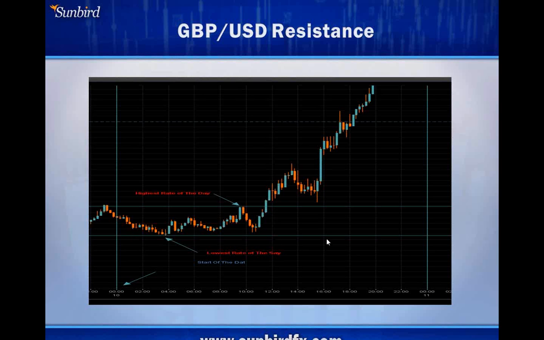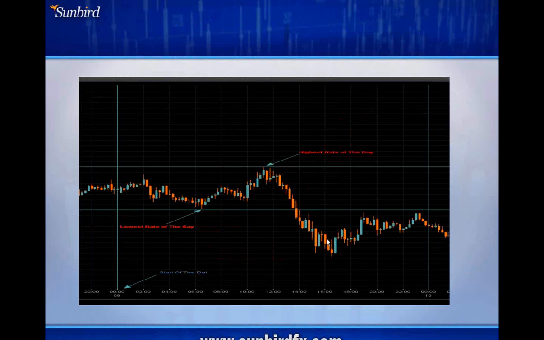Same thing, again GBP USD support. It broke through the support, and I made a decent amount of profit. Again, it's the most efficient strategy in the market. Very simple. I'm only using basics, not using anything else.